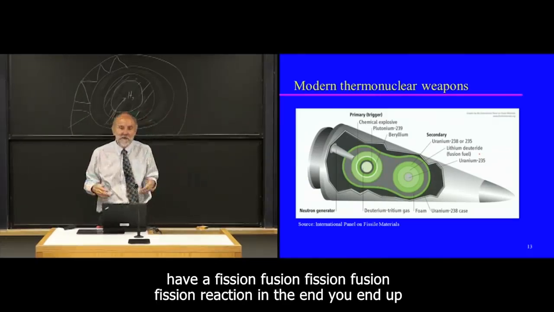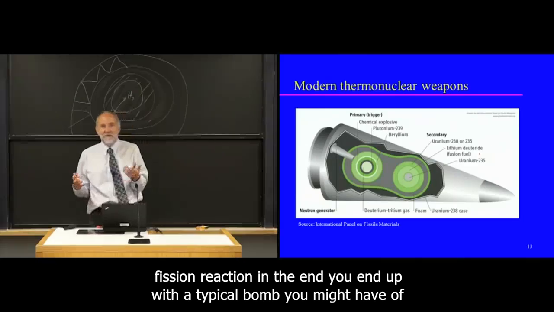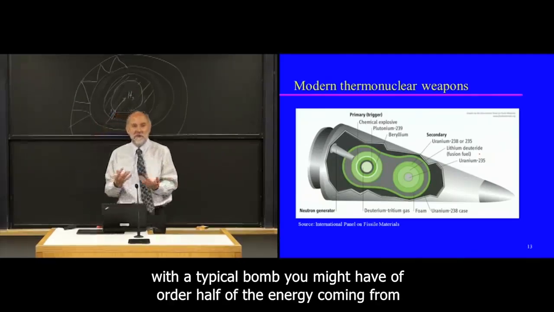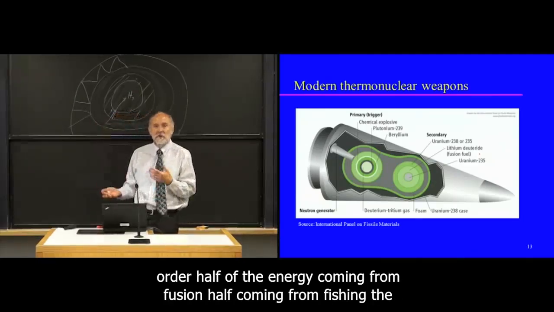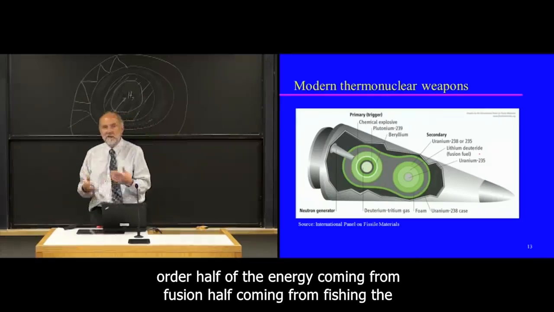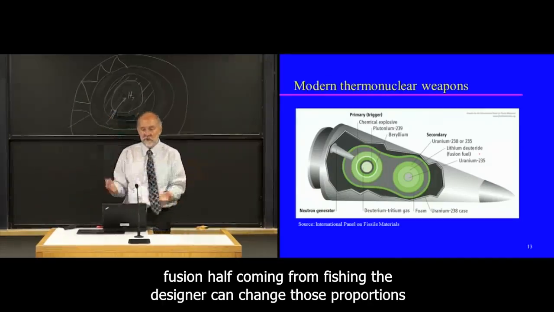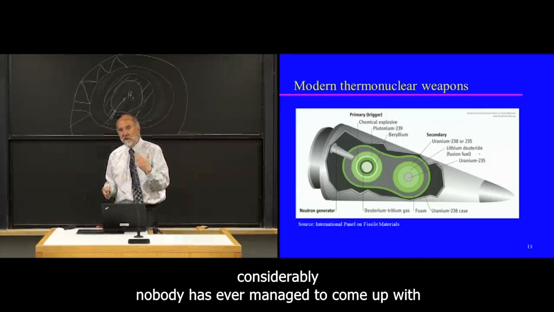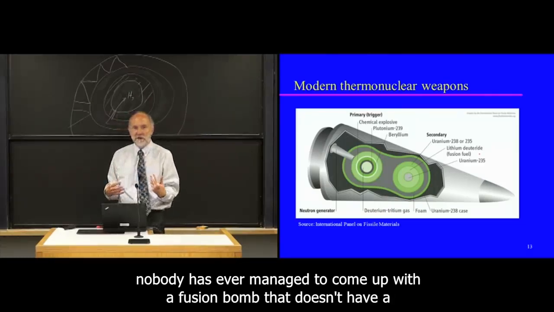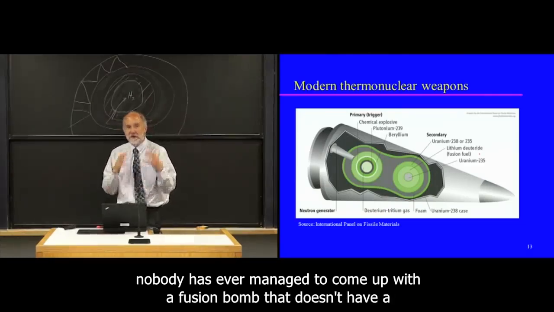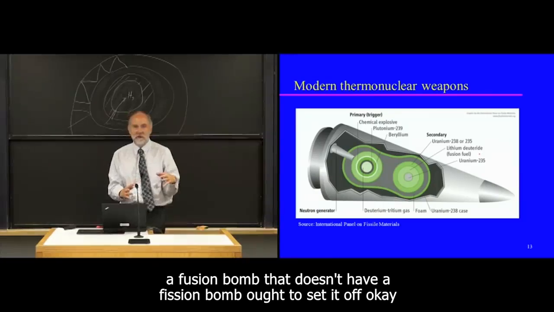In the end, you end up with a typical bomb you might have of order half of the energy coming from fusion, half coming from fission. The designer can change those proportions considerably. Nobody has ever managed to come up with a fusion bomb that doesn't have a fission bomb to set it off.